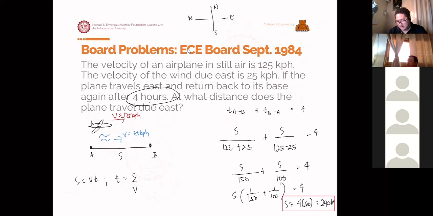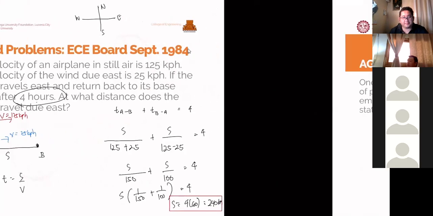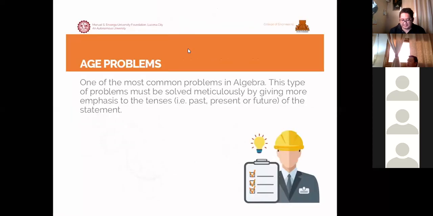So, after rate problem, now we will go to age problem. Okay. So, sa age problem, ito yung laging kinukuha ng mga examiner na pang-lito na problem. Kasi sabi nga, one of the most common problems ng algebra siya kasi madaling malito ang nagso-solve ng age problem.